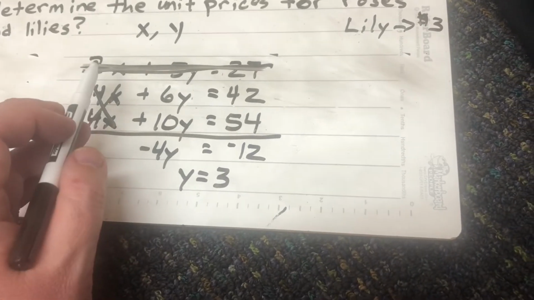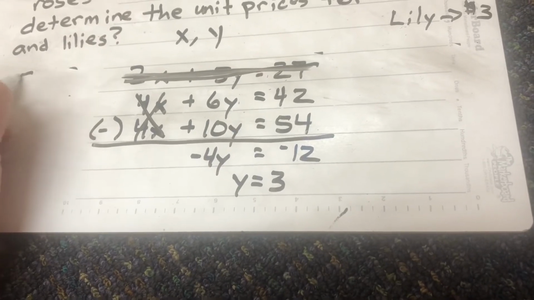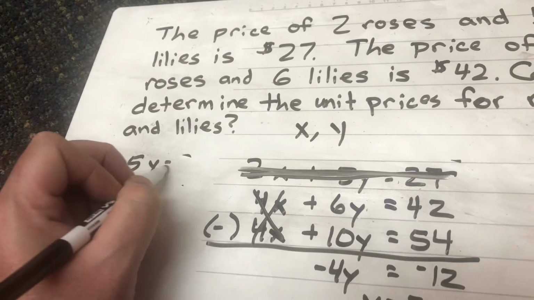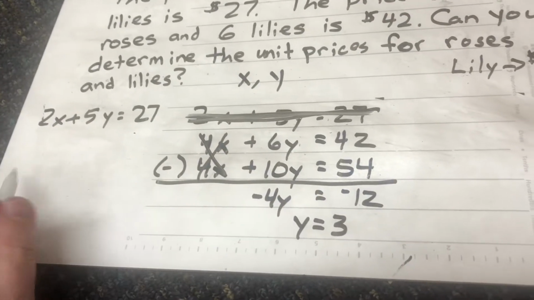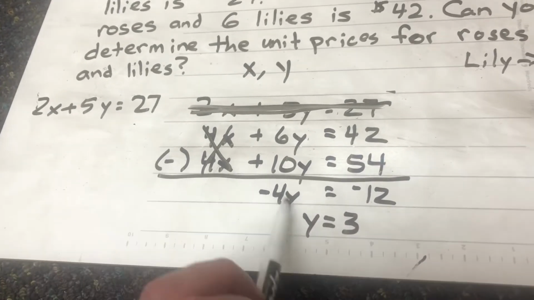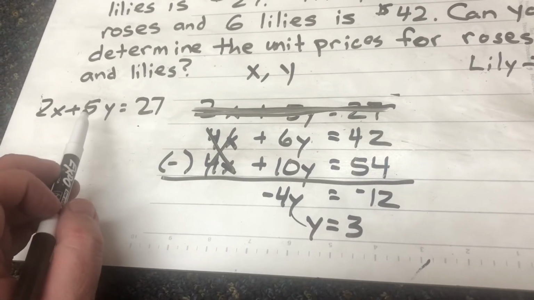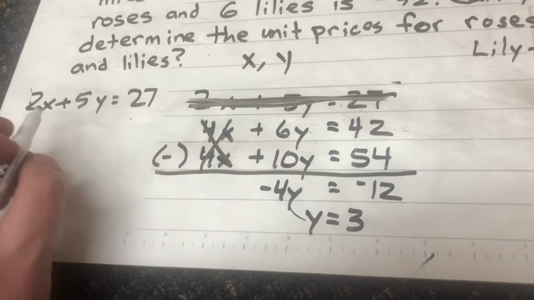Now, I've got to go in and plug it in for my original equation. If I remember my original equation, it was 2x plus 5y equals 27. I want to use as small numbers as possible, so I like 2 better than 4 with the 4x. Now, I know that y equals 3, so 5 times y, if y is 3, is 15.